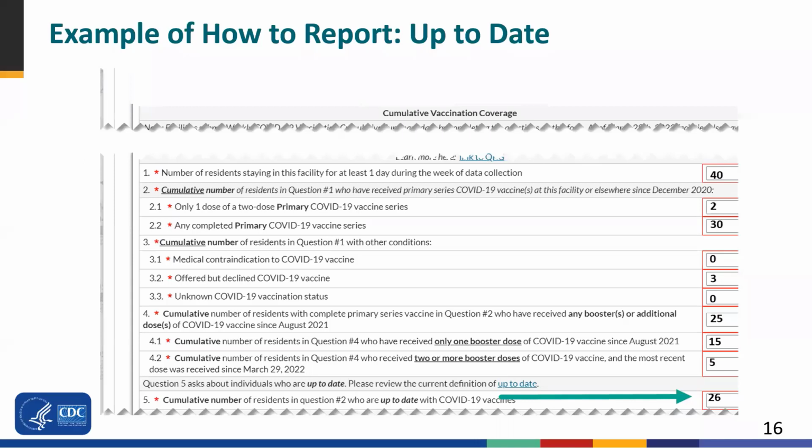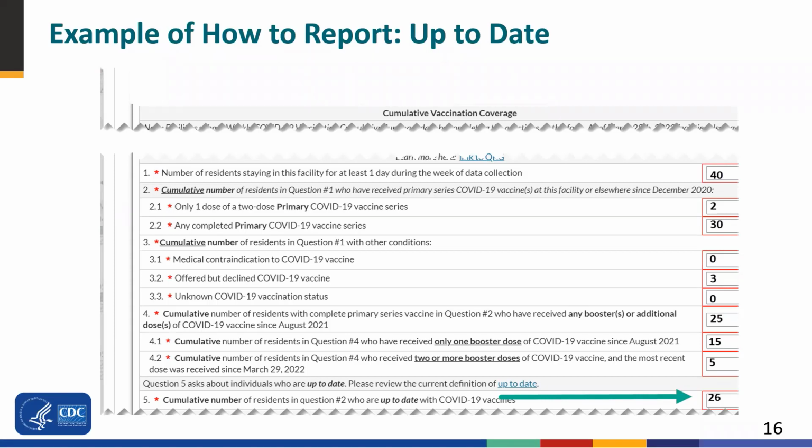We will now walk through an example of reporting up-to-date vaccination status. This slide shows how up-to-date COVID-19 vaccination data are entered into NHSN. In the example, there are 40 residents in the facility, and 30 of these residents have completed their primary vaccination series.